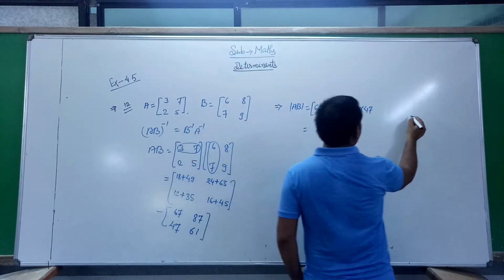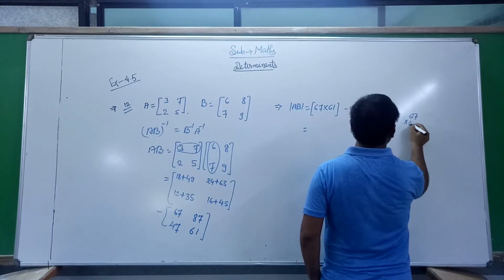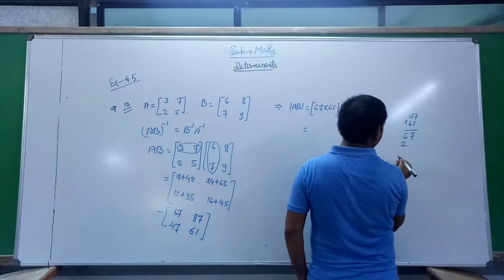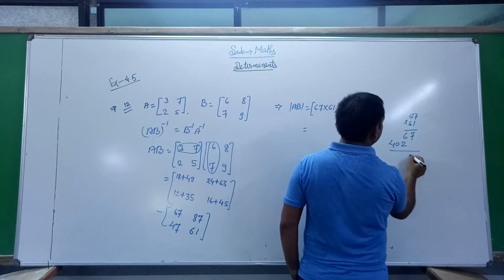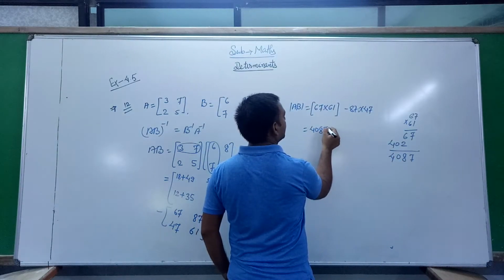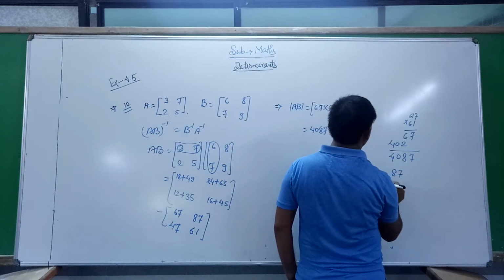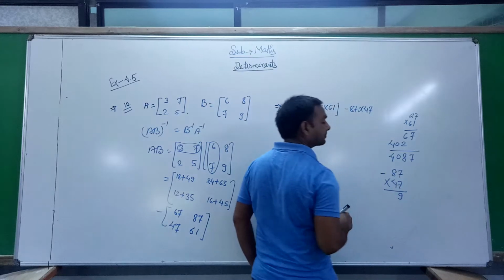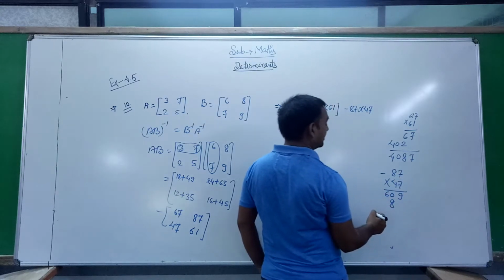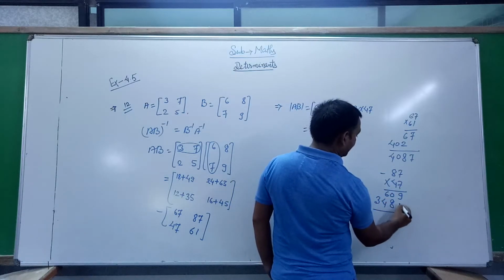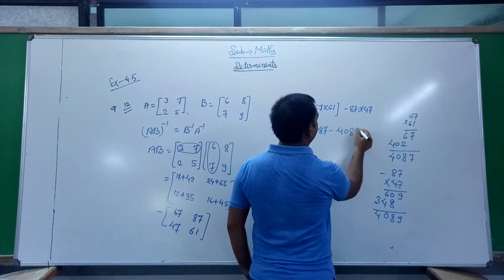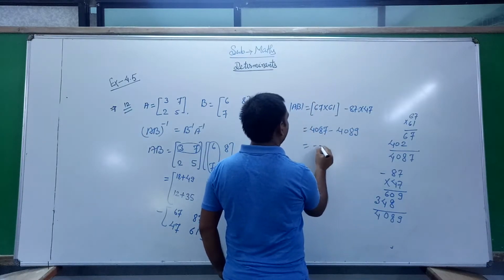So this is equal to 67 into 61 minus 87 into 47. 7 7s are 49, 7 8s are 56, plus 4 is 60, and so on, giving 4087 minus 4089, which is equal to minus 2.